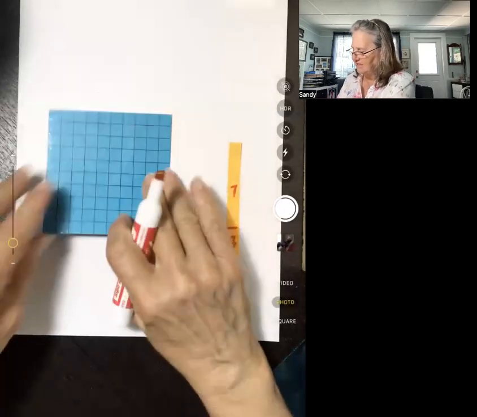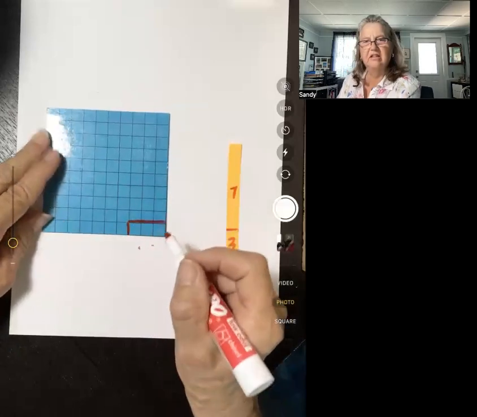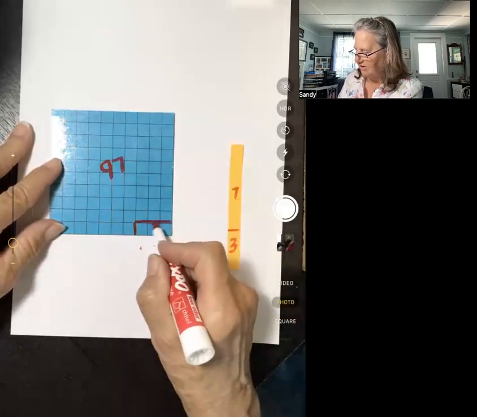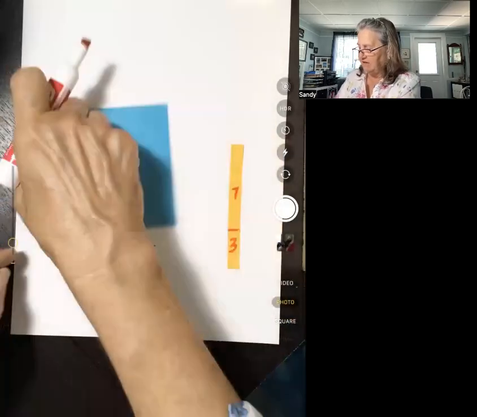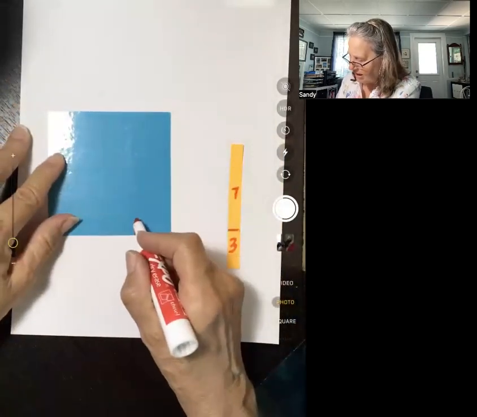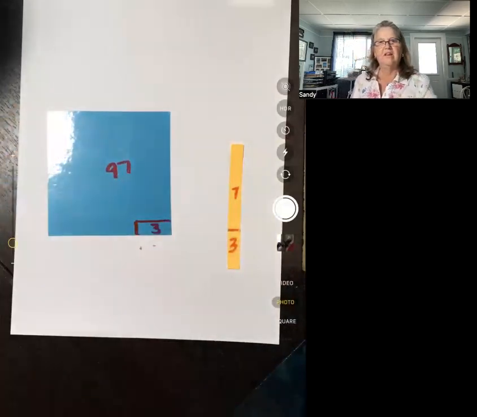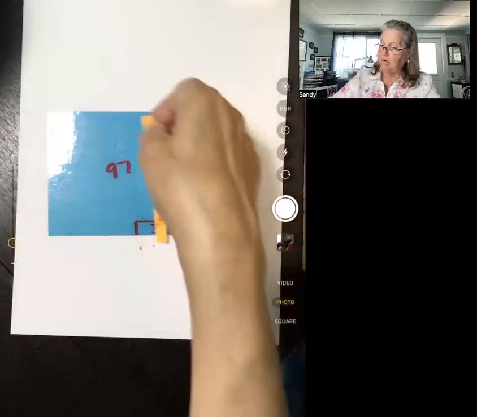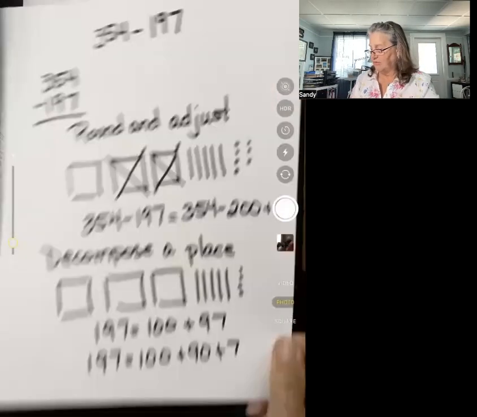Nothing says I couldn't cut this like this, knowing that I've got 97 and 3 here. Flip it over if I want to see maybe a little bit more of what that looks like. Here's 3, here's 97. I'm decomposing a place, I'm decomposing a unit to help me more efficiently solve problems like this one.